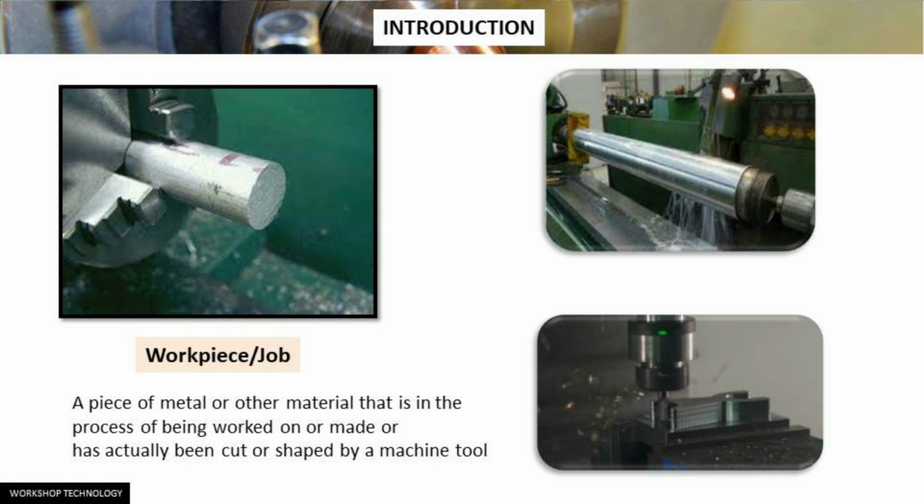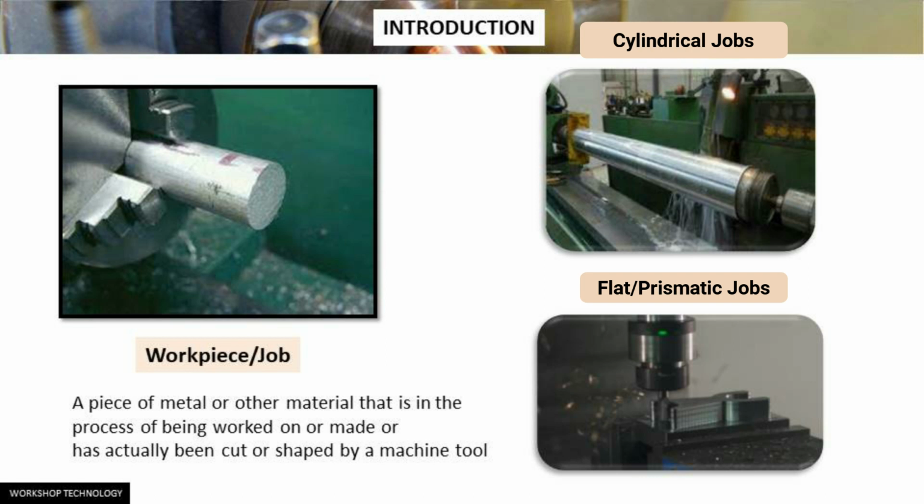There's a paradox there. Because this workpiece or the job is what defines a machine tool: its operation, its purpose, its mechanism. It's basically a piece of metal or any other material that is in the process of being worked or made or has actually been cut or shaped by a machine tool.